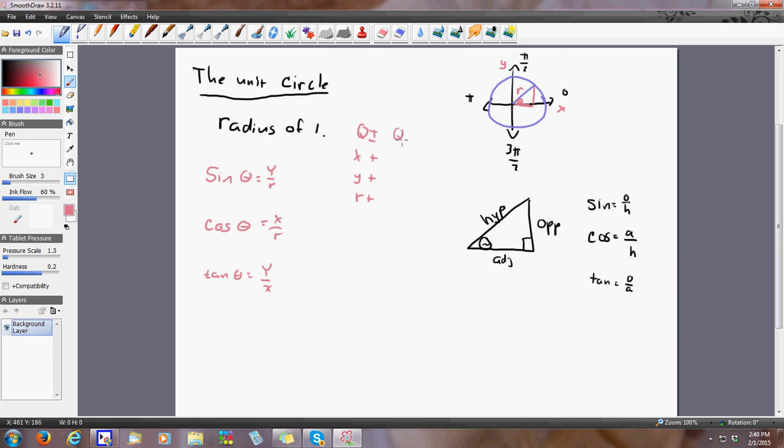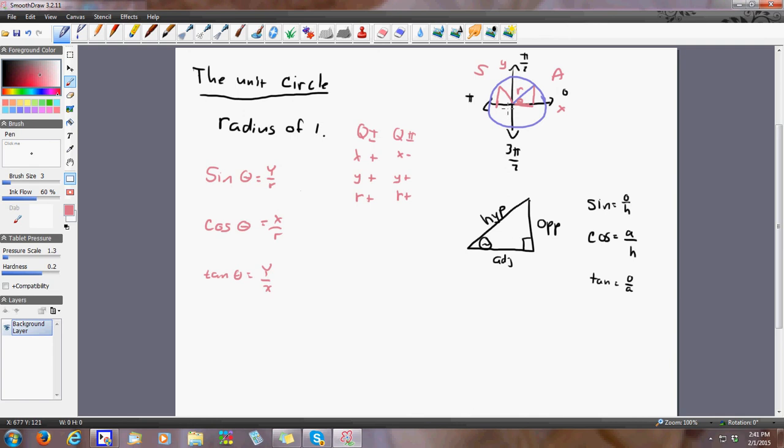But in quadrant 2, I'm on the negative x-axis, so x will be negative, y will be positive, and my radius will be positive. So y over r is positive over positive, so sine's still positive. In the second quadrant, sine's positive, but x over r and y over x will give me negative values.